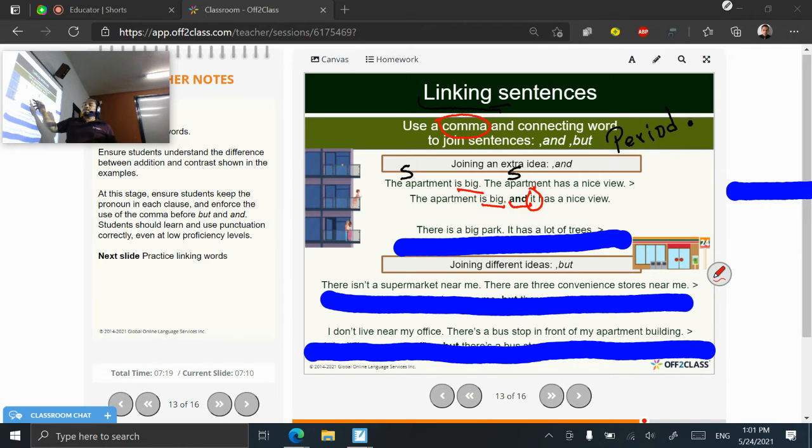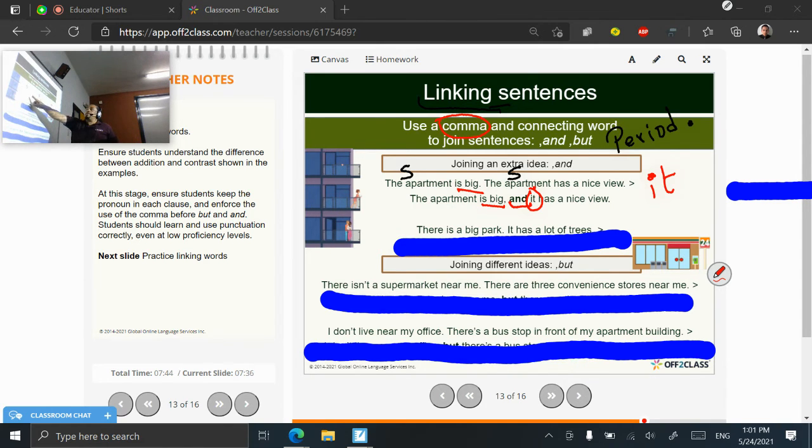Because we're talking about the same apartment, we can change the second subject with a object pronoun. Okay? That's a pronoun. So we're avoiding saying an apartment again or the apartment.